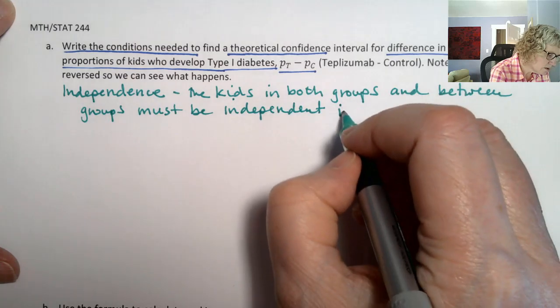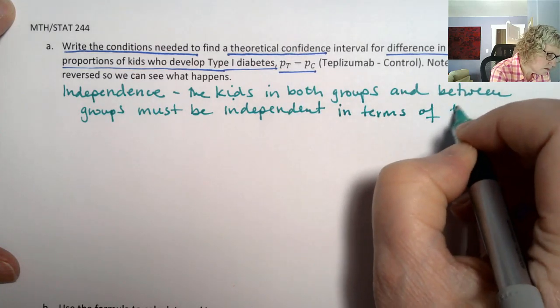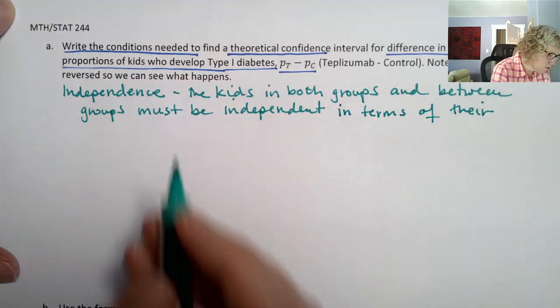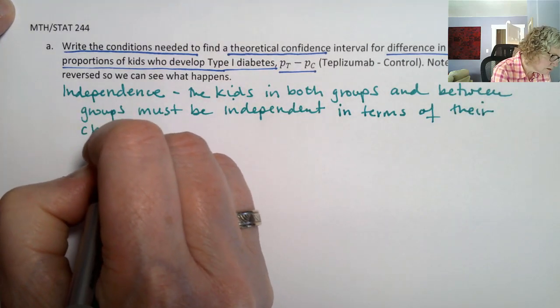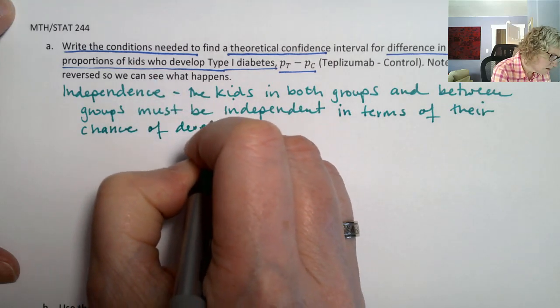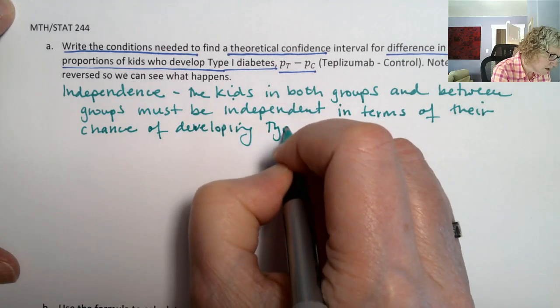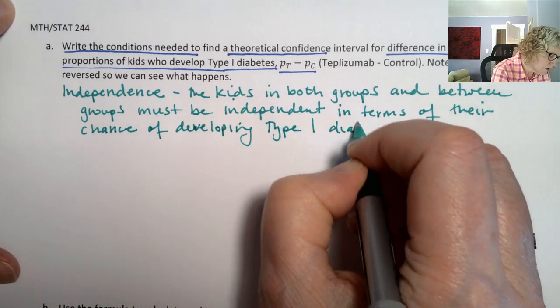In this case, we're talking about in terms of their chance or risk of developing type 1 diabetes.